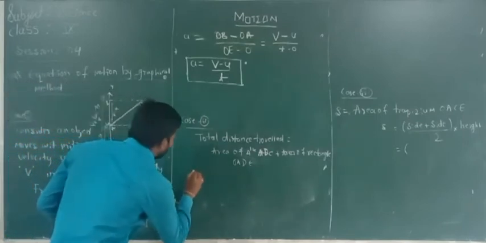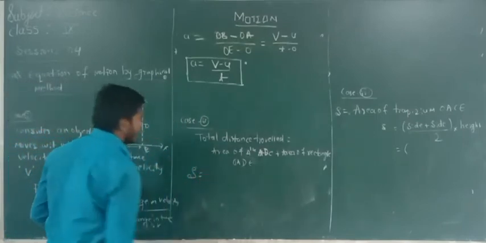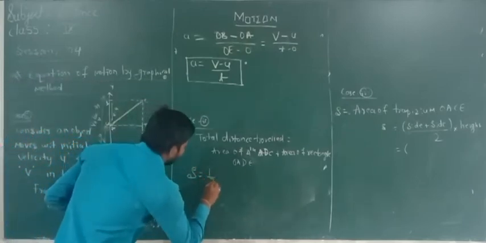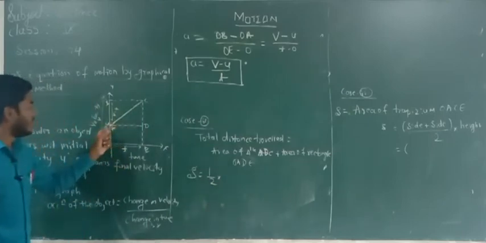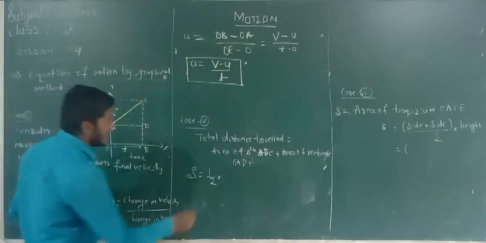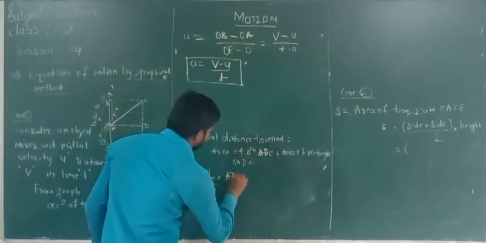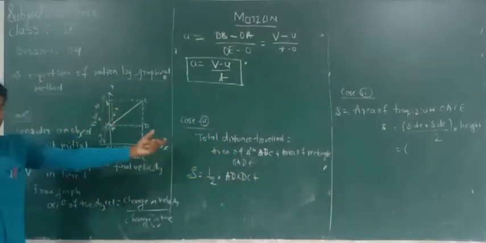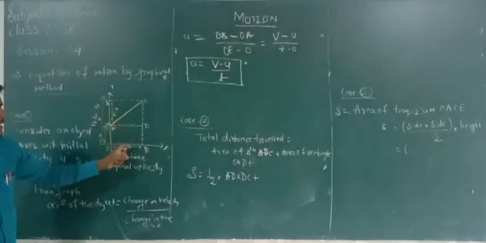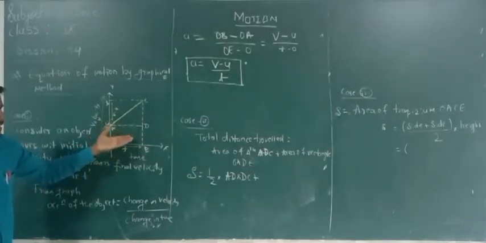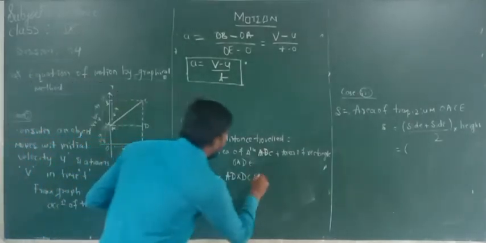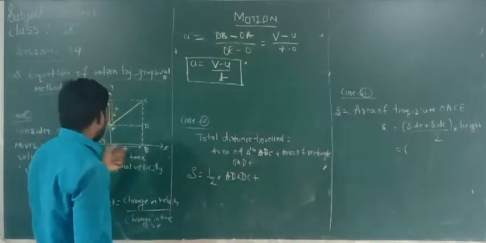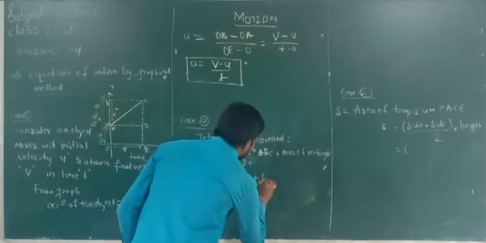Then total distance S is equal to the area of the triangle, that is 1 divided by 2 into base into height, that is AD into DC, plus the area of rectangle OADE, which is base into height, that is AD into DE or OE into DE.